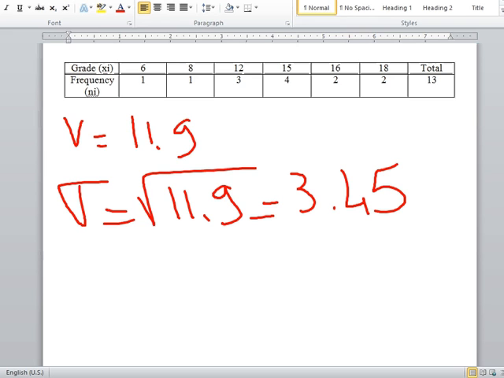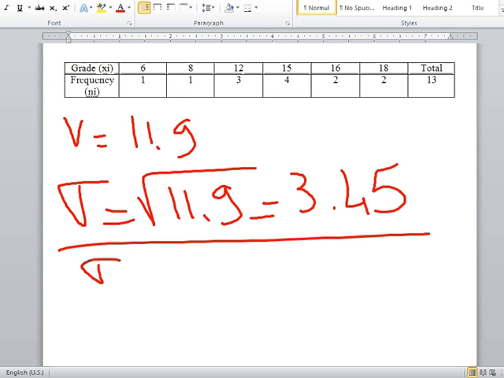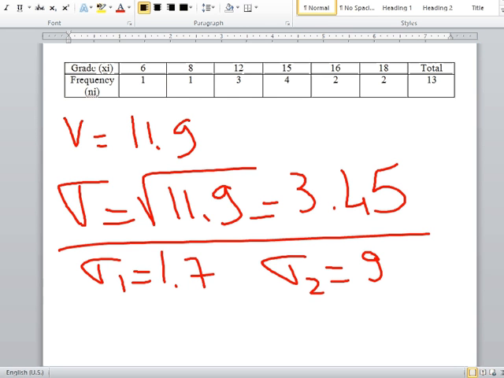Actually, the standard deviation helps us comparing the variability of values of two series. Let's say, for example, we have a series that has standard deviation sigma 1 equals to 1.7, and the second series you have the standard deviation equal to 9.2. Okay, here sigma 1 is less than sigma 2.